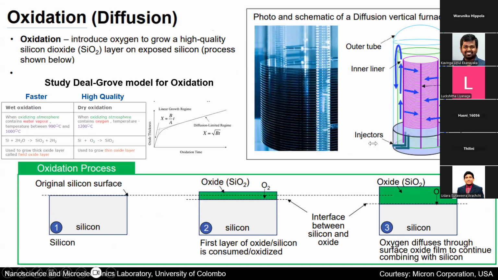There is an inlet, there is an outlet, and then you heat up this entire chamber. Then the silicon oxidizes. That could be done either using water vapor, H2O, or just by injecting oxygen into this chamber. Both develop silicon dioxide on the silicon surface.